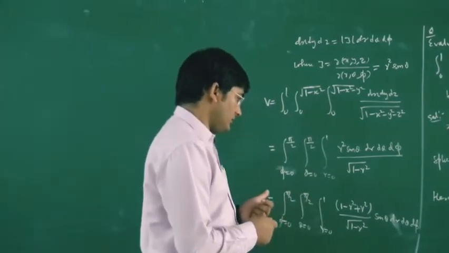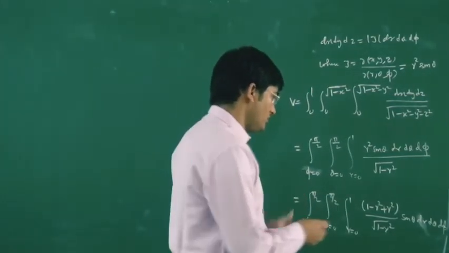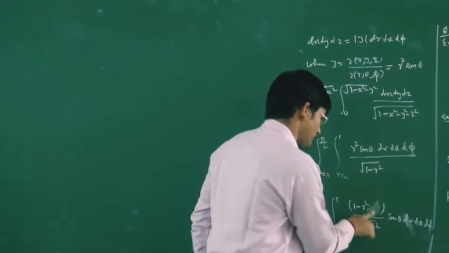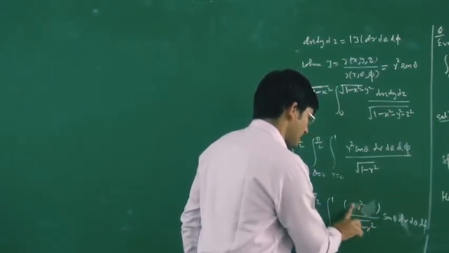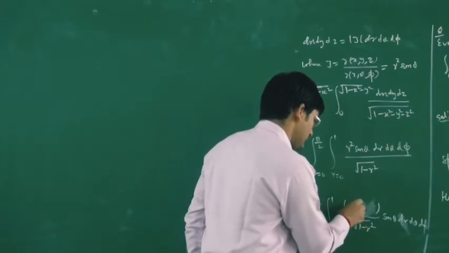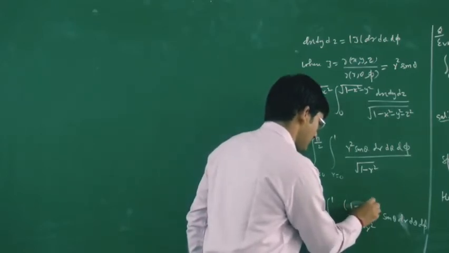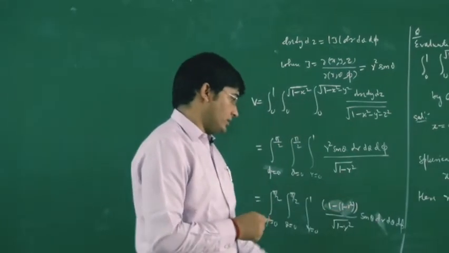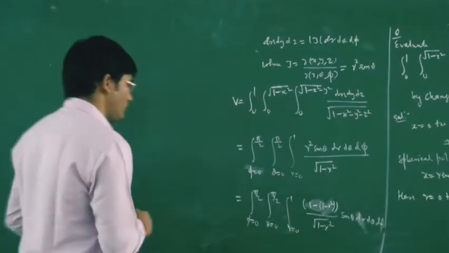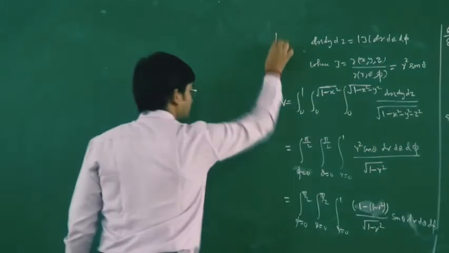Here we have made some mistake, so this has to be 1 minus r square. So you can see that now this is r square, and this is 1 upon square root of 1 minus r square.